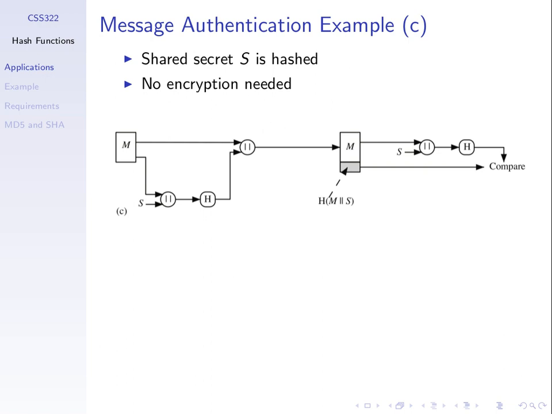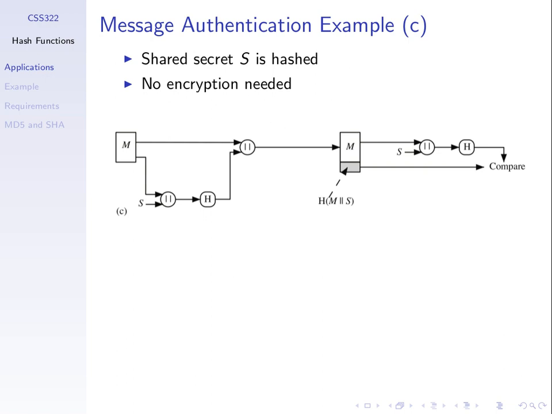They take the known secret, B knows the secret S, concatenated with the received message M. B receives a message M, they know the secret already, it's shared between A and B. They take the received message, concatenate with the known secret, take the hash value, get some hash value, let's call it H prime, and compare that to the received hash value.